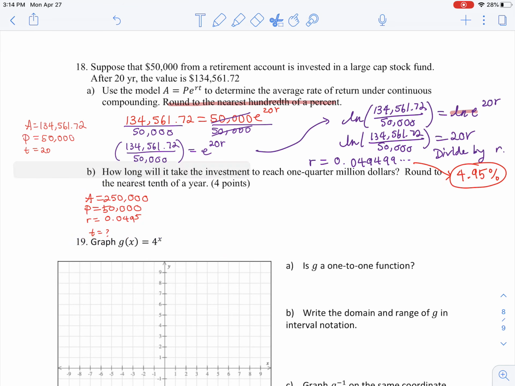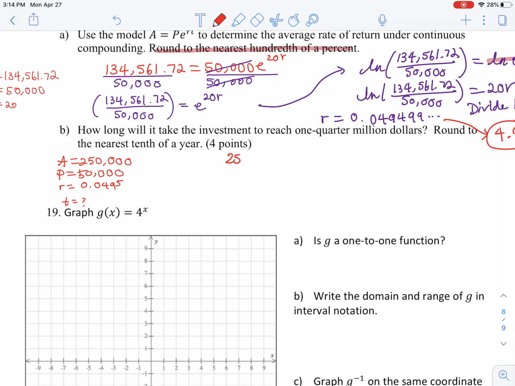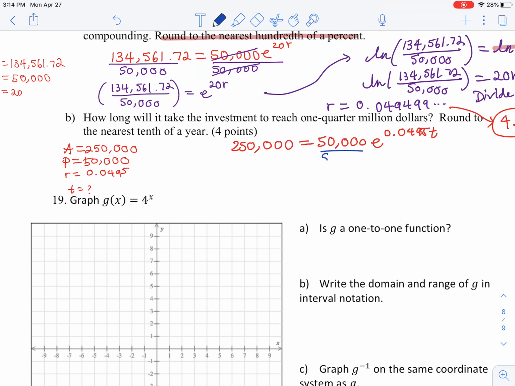So let's go ahead and plug these inputs into our equation. The equation is $250,000 equals $50,000. We're starting from 50,000 times e to the 0.0495t. We're solving for time this time. So same kind of math.